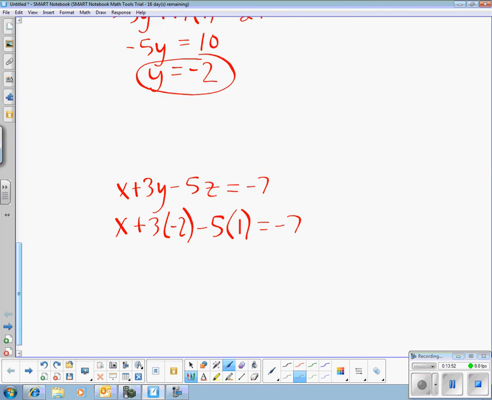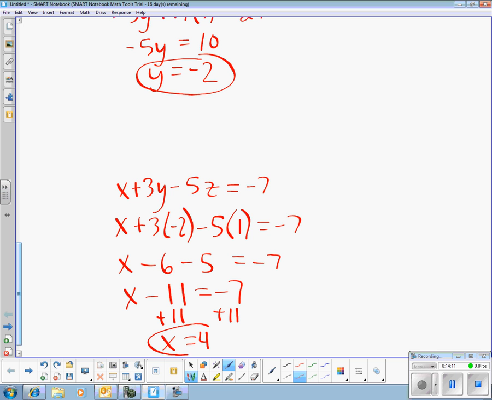So if I put all this together, x minus 6 minus 5 equals negative 7, which means x minus 11 equals negative 7. And I'm going to add 11 to both sides, and it turns out that x equals 4.